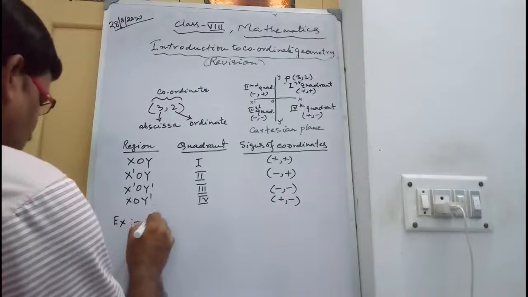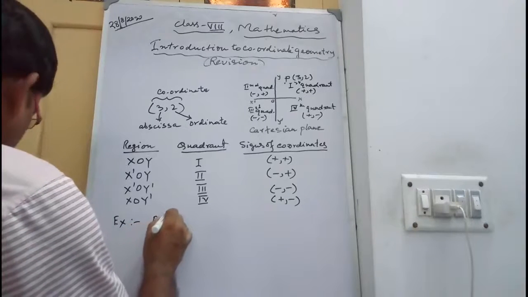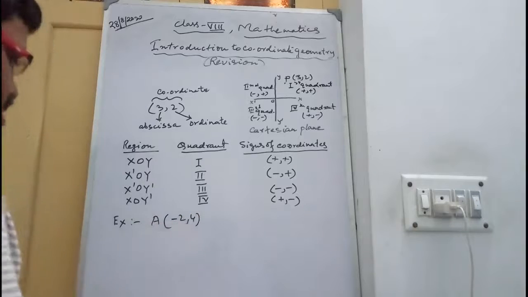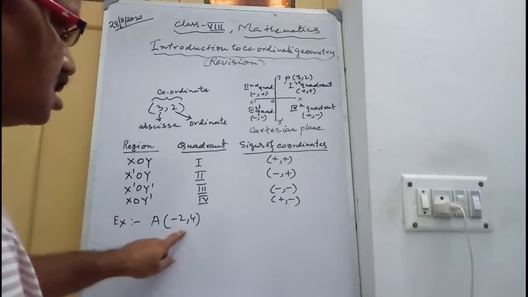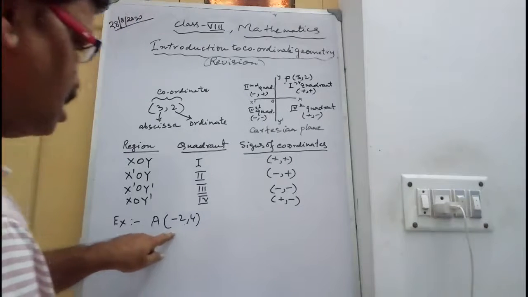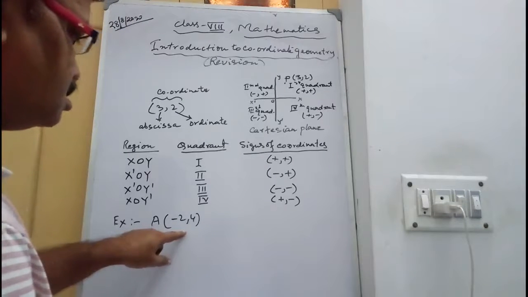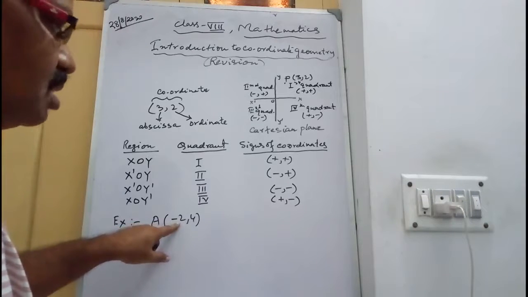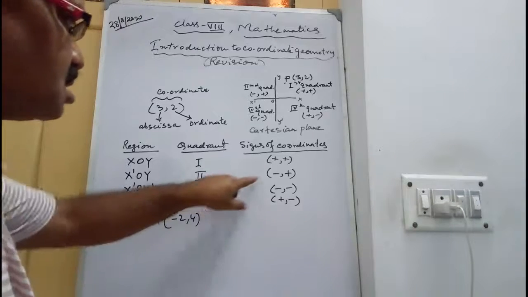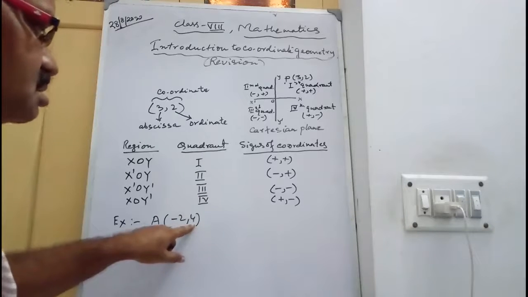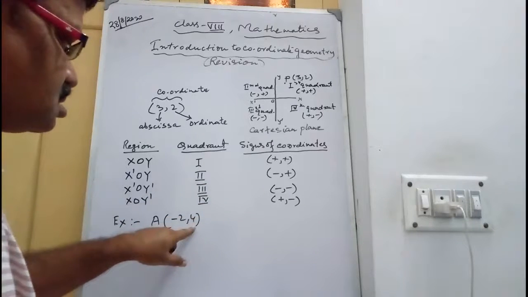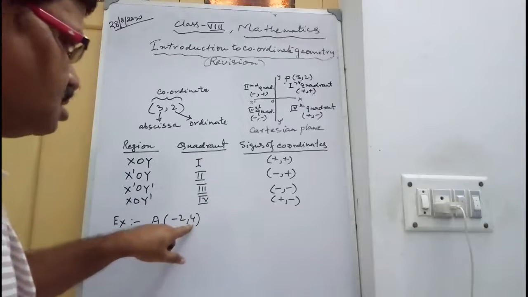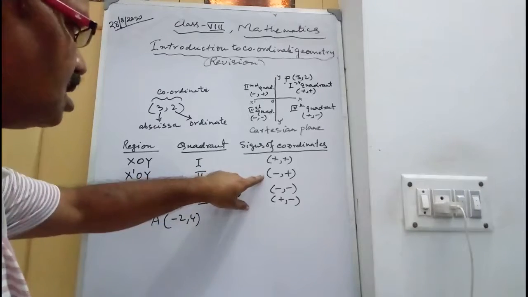Example, a point is given: (-2, 4). Now, first, in which quadrant does this point lie? So value of X is minus, value of Y is plus. That means abscissa is negative, ordinate is positive. You see this one.